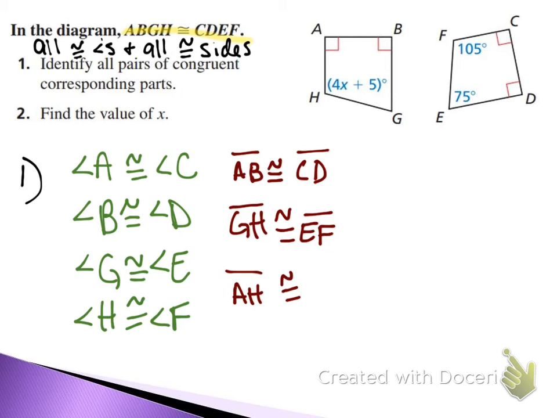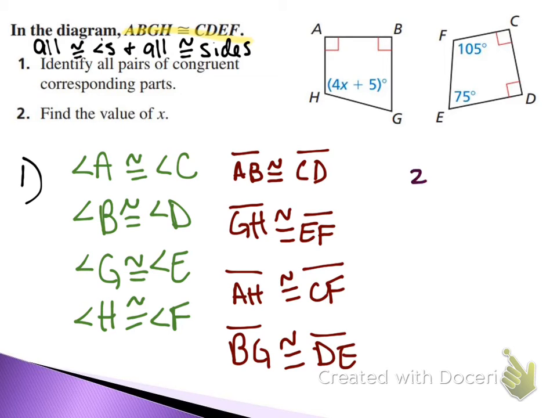What is AH going to be congruent to? CF. So A is the first letter, H is the last, C is the first letter, F is the last. There is one more. BG and DE. Yep. Wonderful.